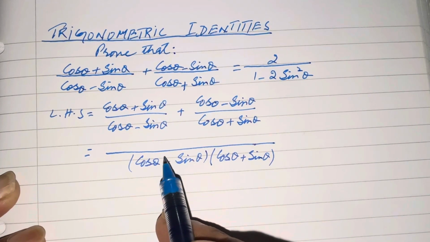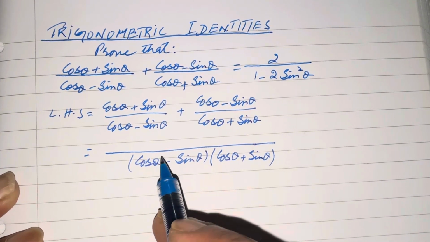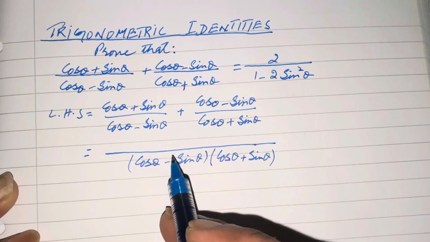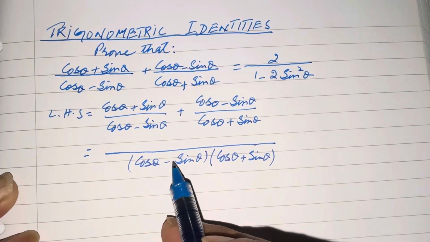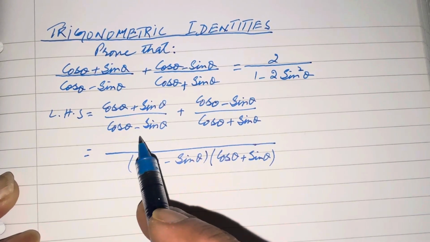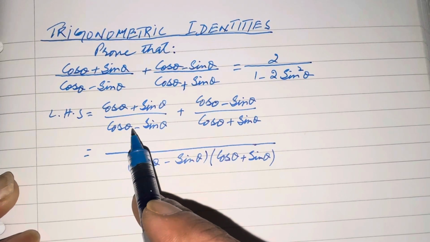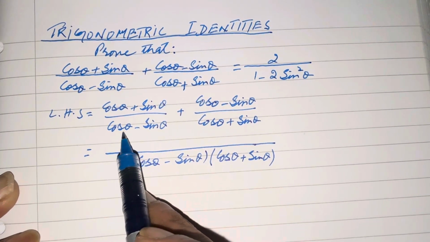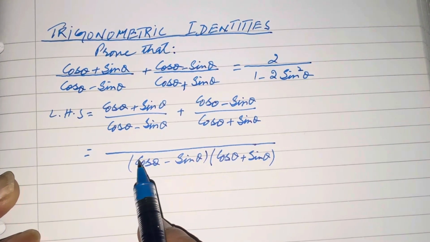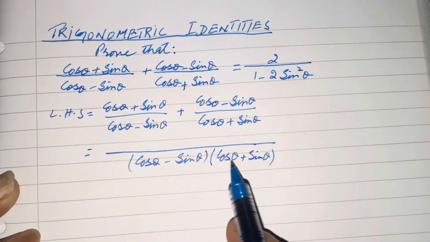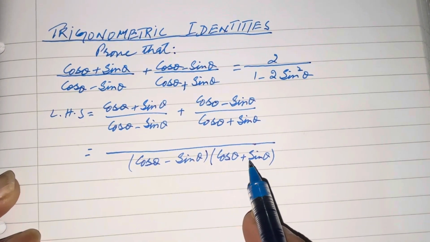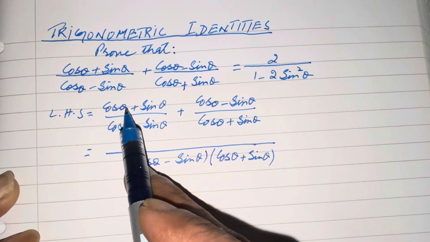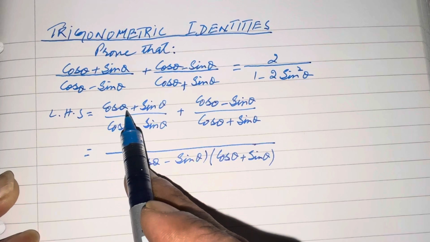After taking the LCM, you have learned in your previous classes that the LCM will be divided by the denominator of the first fraction. So this cos theta minus sine theta will be cancelled with this one, and the remaining cos theta plus sine theta will be multiplying by the numerator of the fraction.